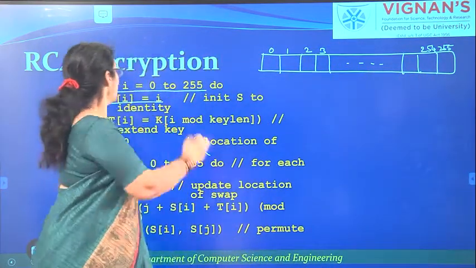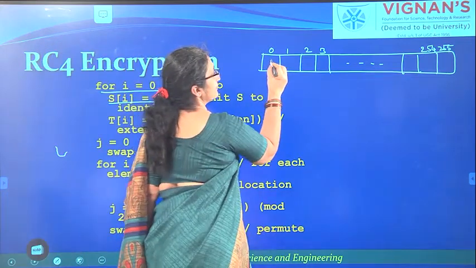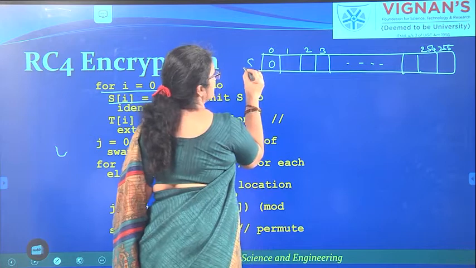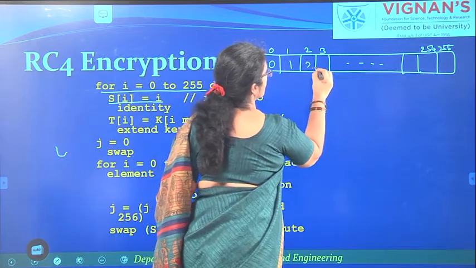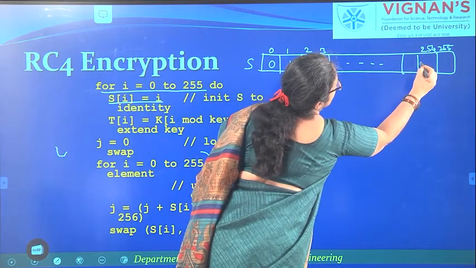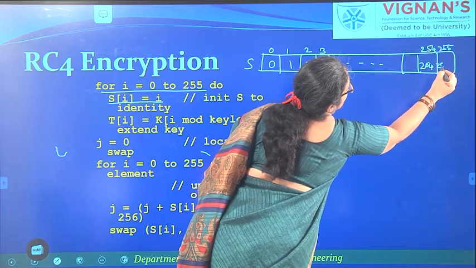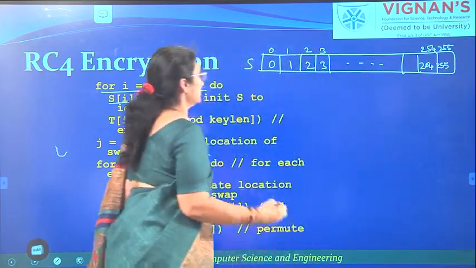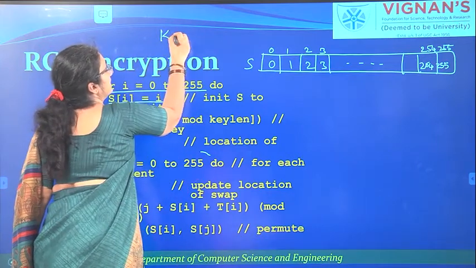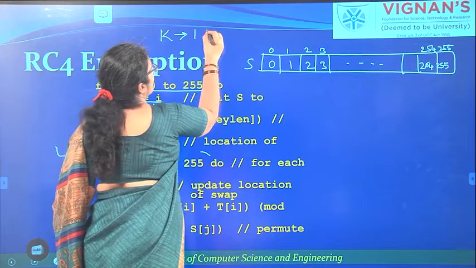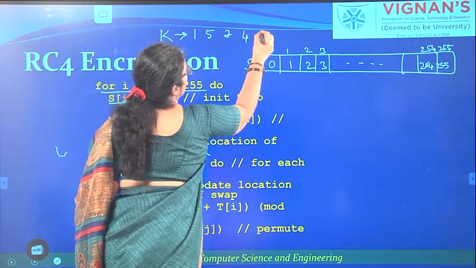And after executing this step, this is the state array, we have the values of S as 0, 1, 2, 3, and so on, 254 and 255. Next, let us suppose our key value is 1, 5, 7, 4, 8.